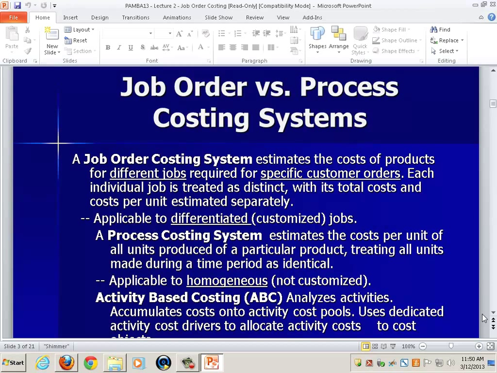Here the environment is that we perform jobs for customers. Each job is different from another because each job is customized according to customer specifications. So it may be the same product but customized differently. Each job may have some specific features that customers want.